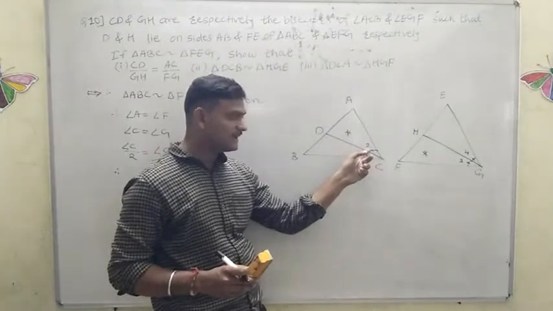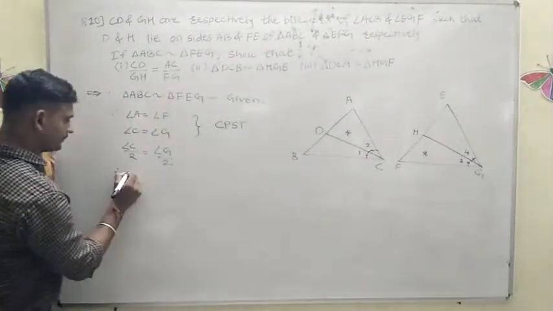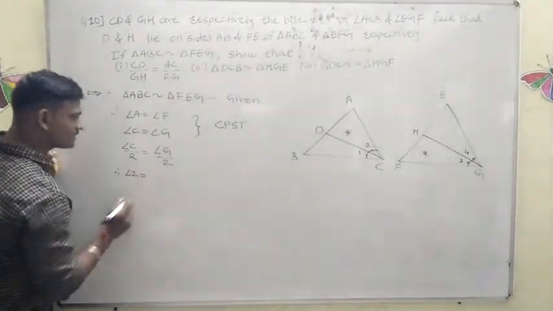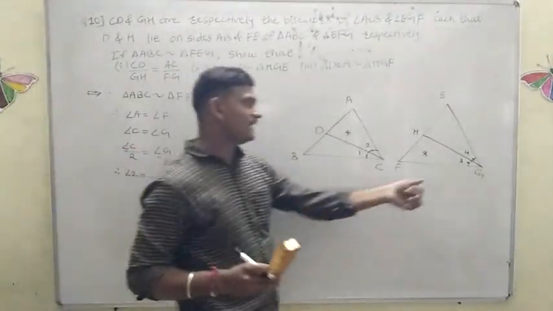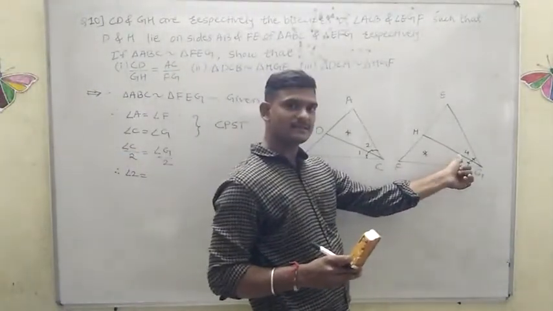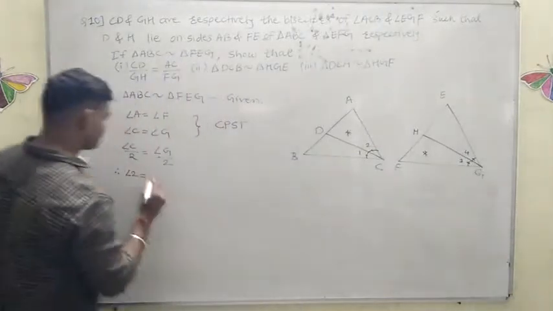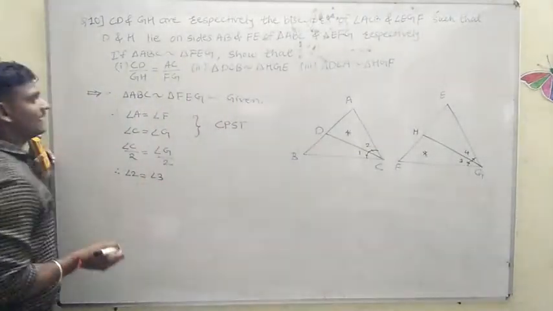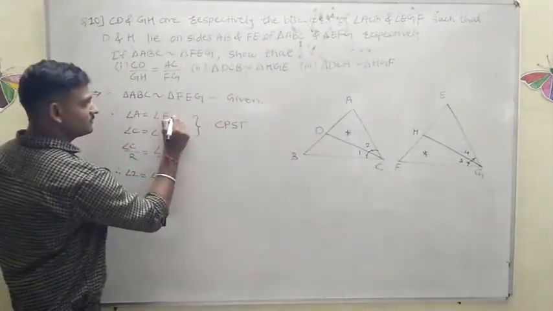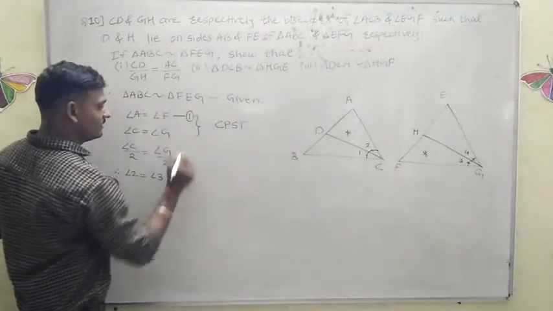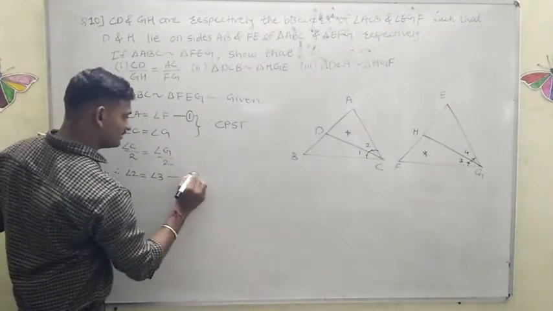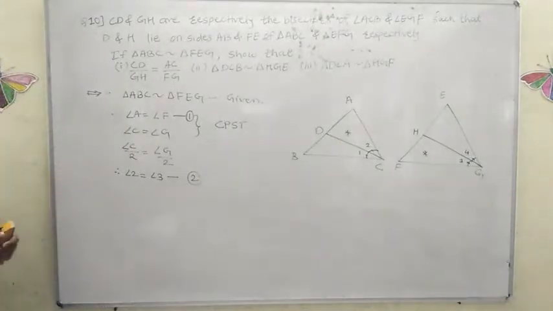So angle 2 is equal to half of angle G, which is angle 3. Now mark the first as equation number 1 and this as equation number 2.